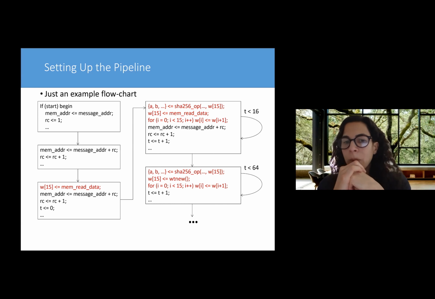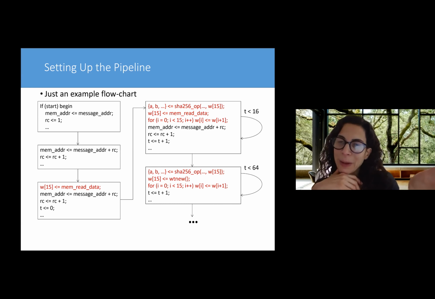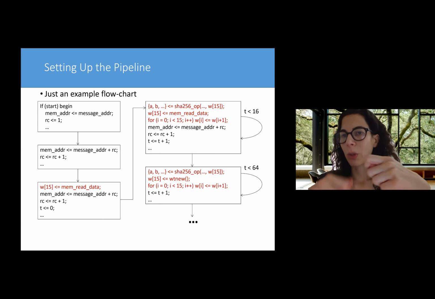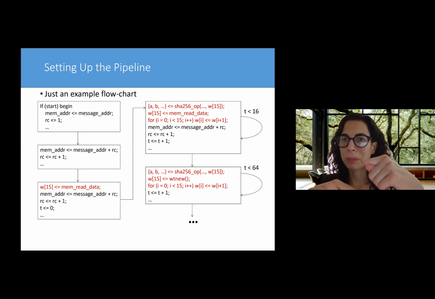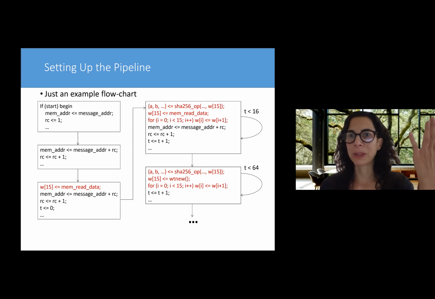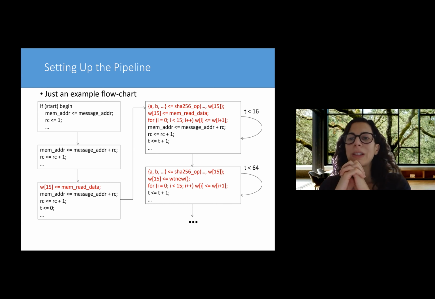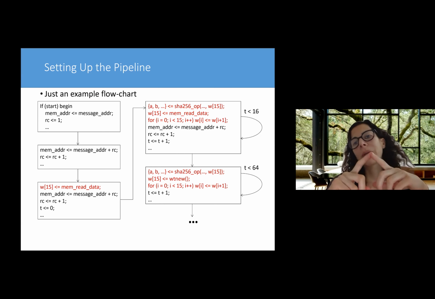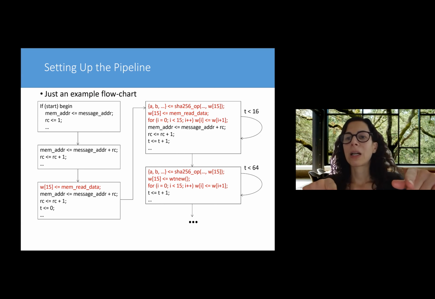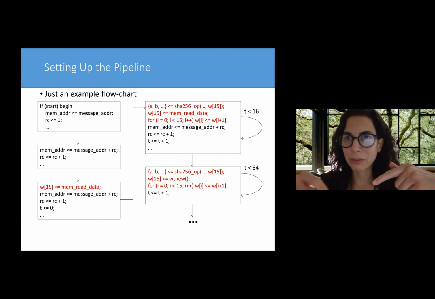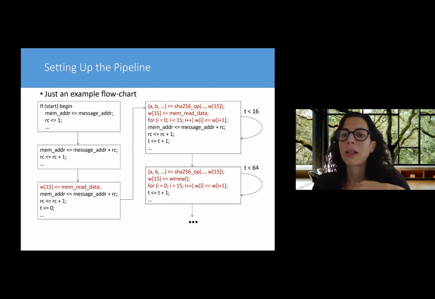Now, what if I can pipeline this, meaning that while the pizza is baking, I also make the next dough? So if I'm making more than one pizza, say 100 pizzas, I don't have to wait 20 minutes for each pizza. The first time I make the dough, I put it in the oven, and at the same time that the oven is working, I'm going to make the second dough, and then I'm going to do it again.